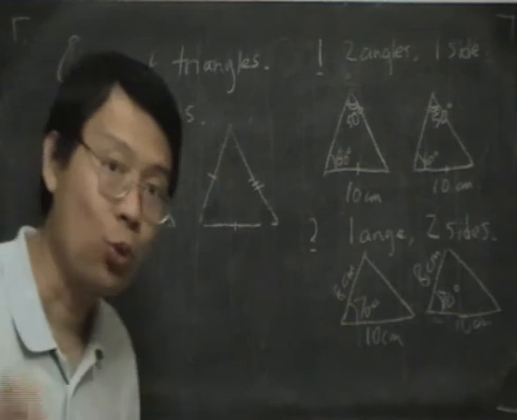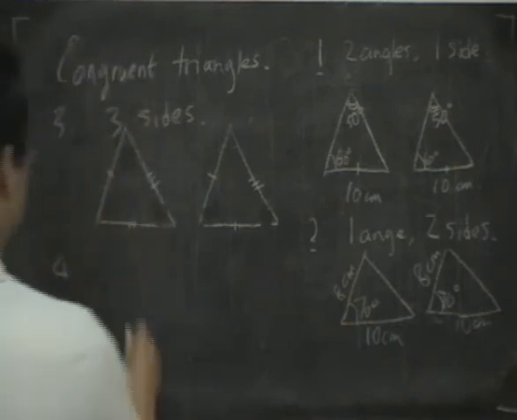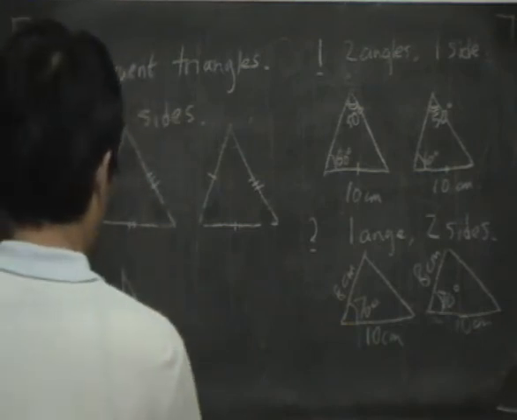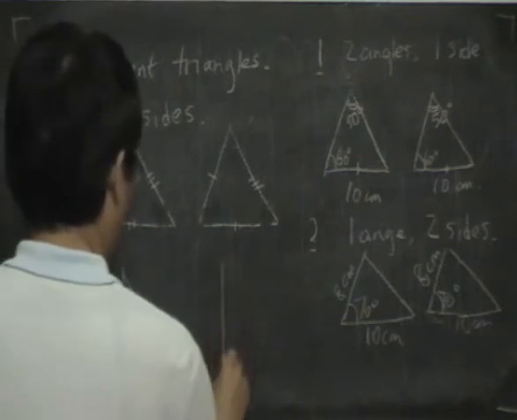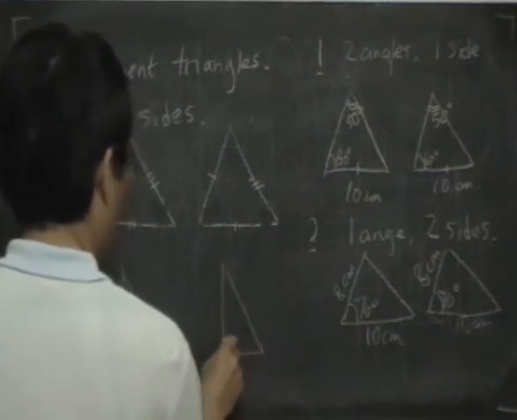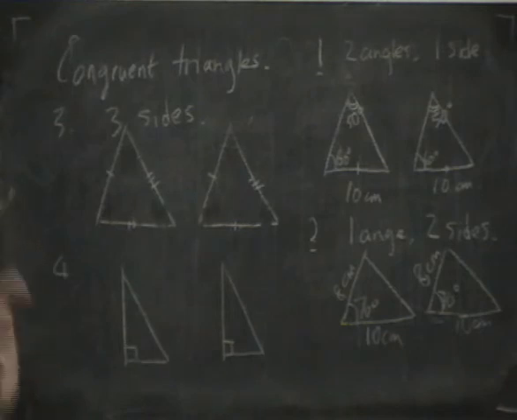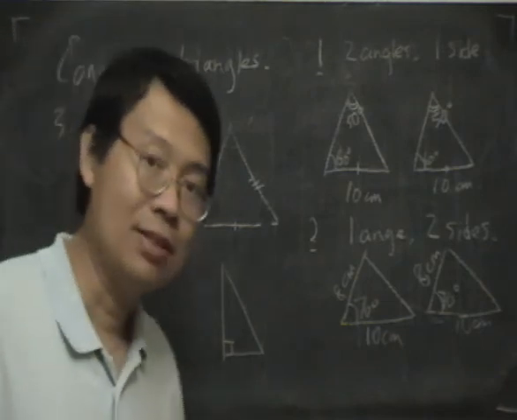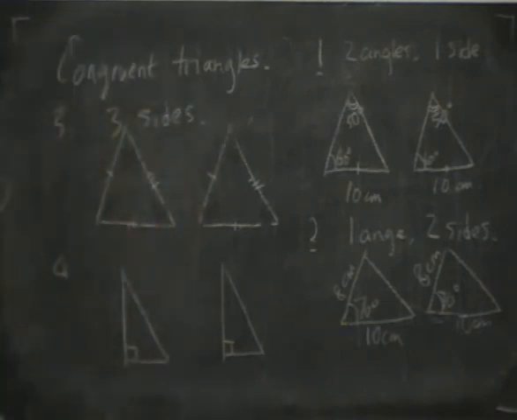Okay, so number 4, there is one more. This is for right-angled triangles, where one of the angles is 90 degrees.